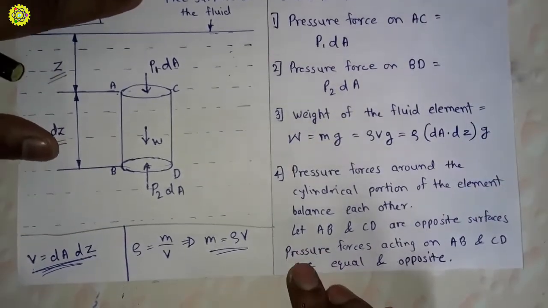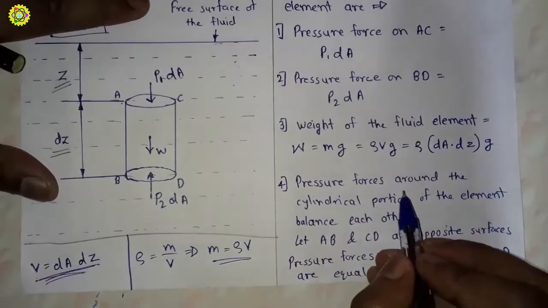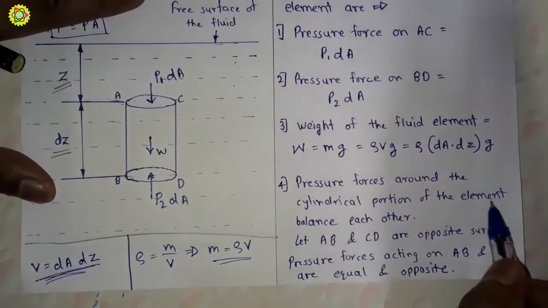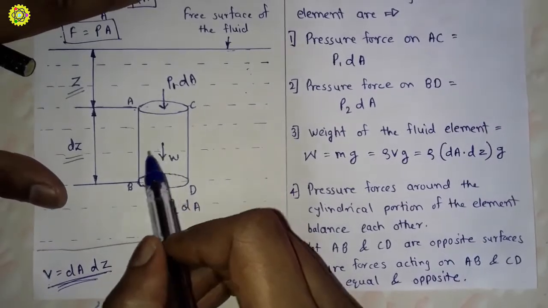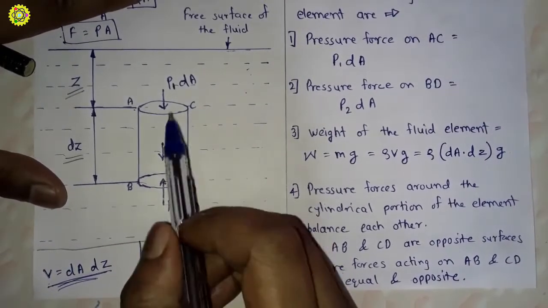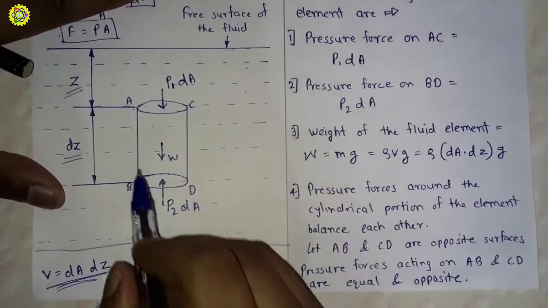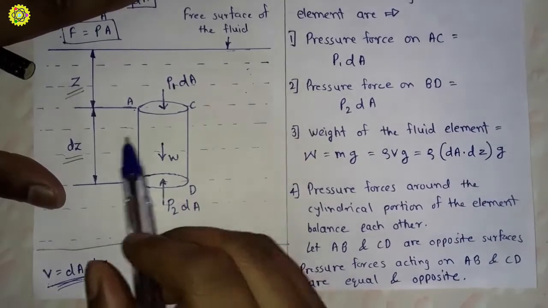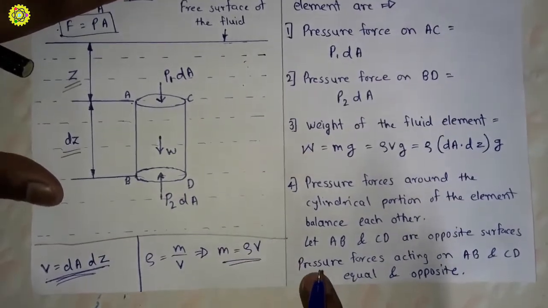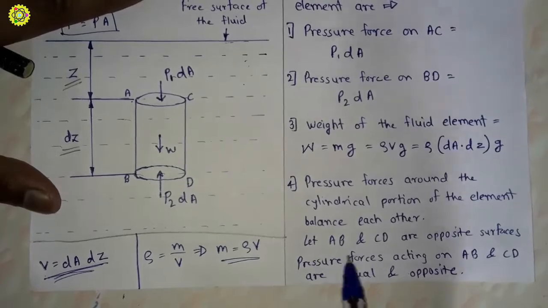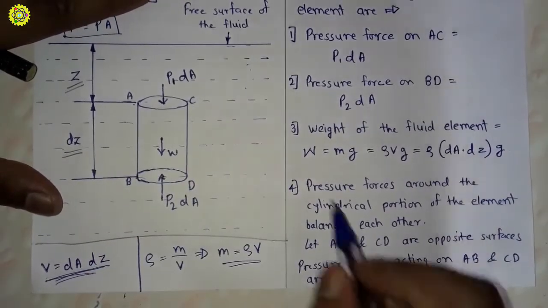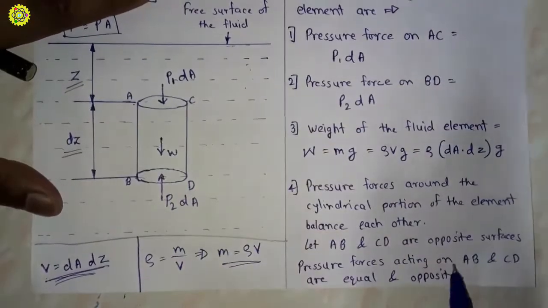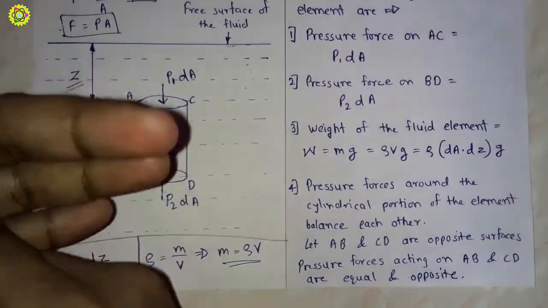And the fourth point is, friends, pressure forces around the cylindrical portion of the element balance each other, as we have seen in this figure. To understand this, let's consider surface AB and surface CD, which are opposite surfaces, as you can see.